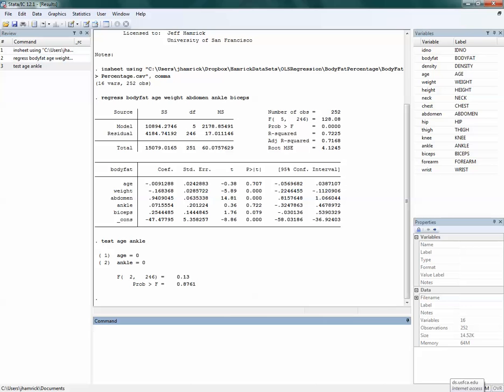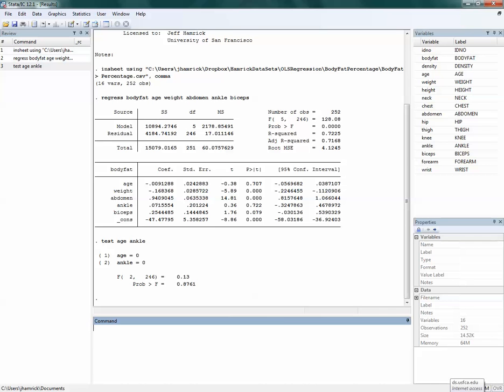So our original sample size was 252. We had 1, 2, 3, 4, 5, 6 fitted coefficients initially in the original model. So 252 minus 6 is going to be 246. So that's where the denominator degrees of freedom come from right here.